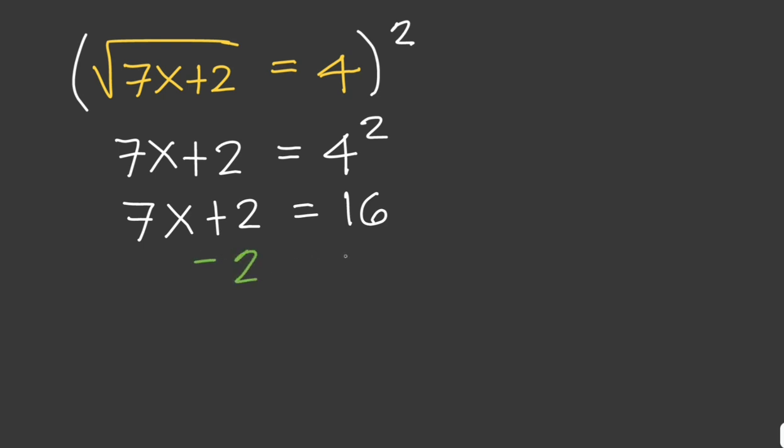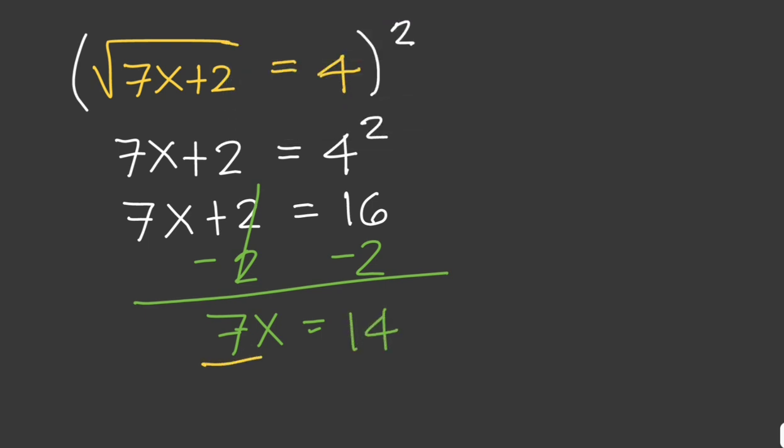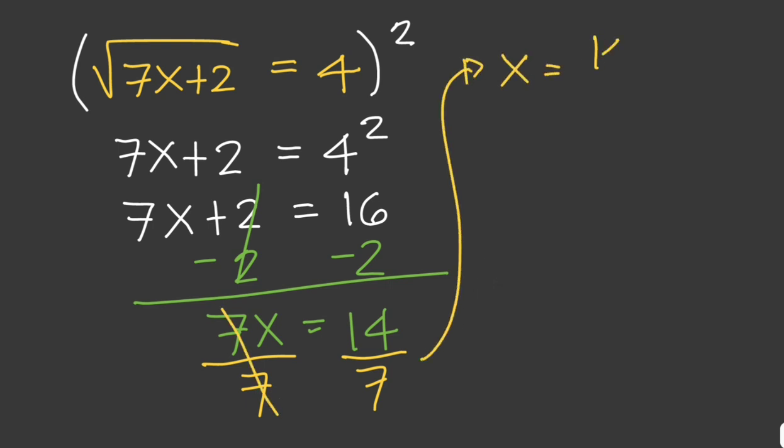We subtract 2 from both sides to get rid of the 2 here. So we can simply solve for the value of x, and we have 16 minus 2 is 14. Then we divide both sides by 7, and we get the value of x, which is 14 over 7, or just simply equal to 2.